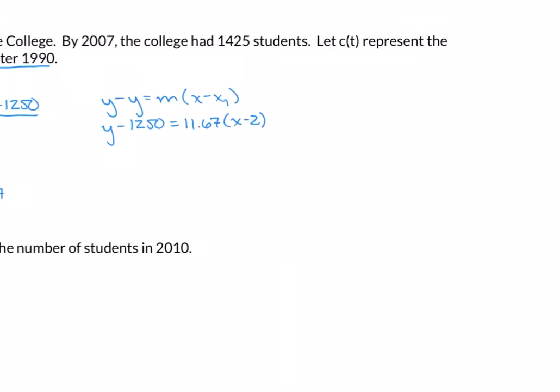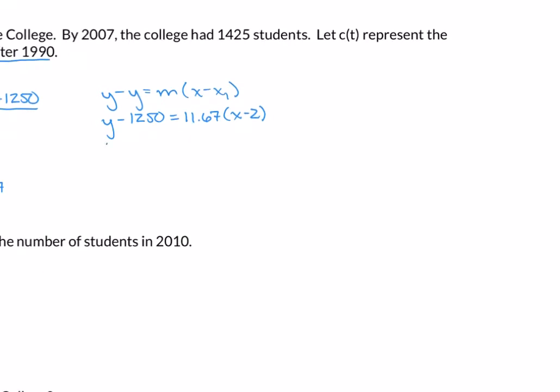Okay, so let's go ahead and work with this. Again, we want to go ahead and distribute. We get 11.67 times x minus 23.34.